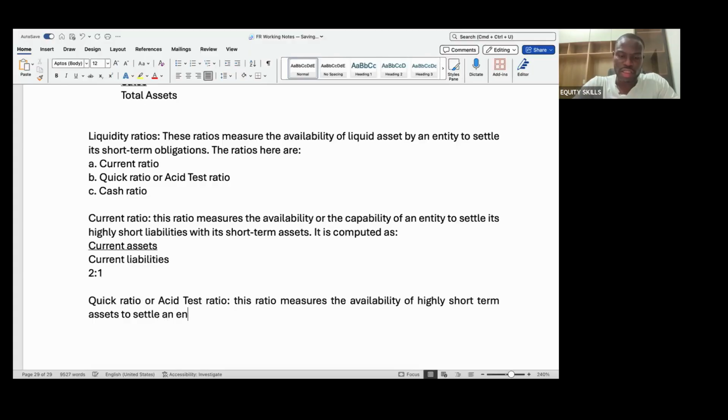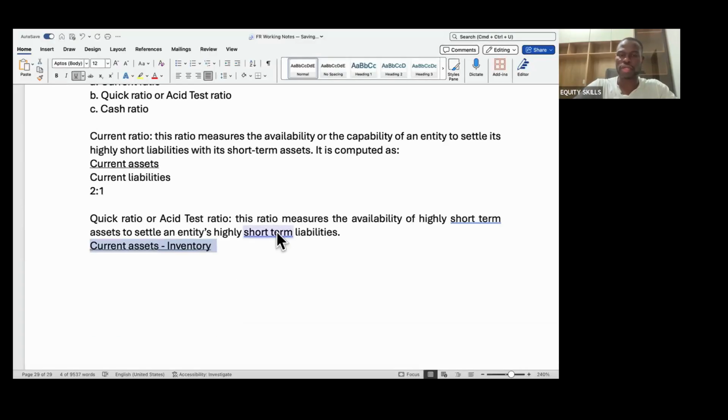To settle an entity's highly short-term liability, in the sense that if the liability should come knocking today, we should be able to sell some assets and settle the short-term liabilities. So it looks at current asset minus inventory all upon current liabilities.